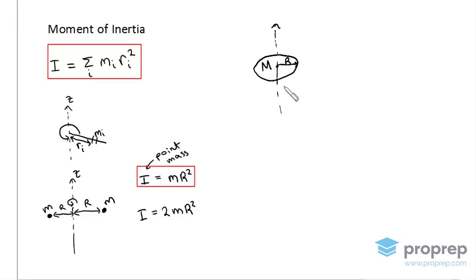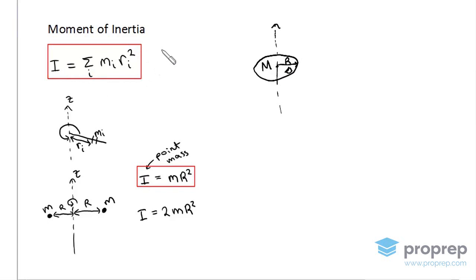Now we want to find the moment of inertia of this disk which is rotating around here. What we're going to do is take small portions of this disk, each of mass dm, and then sum up over all these portions and plug it into this equation.